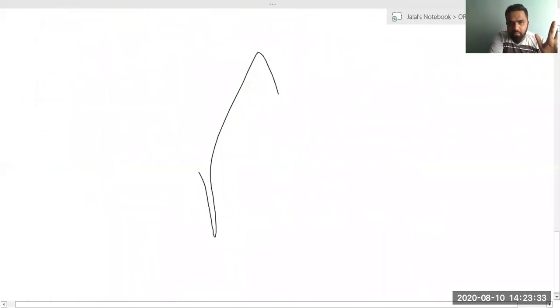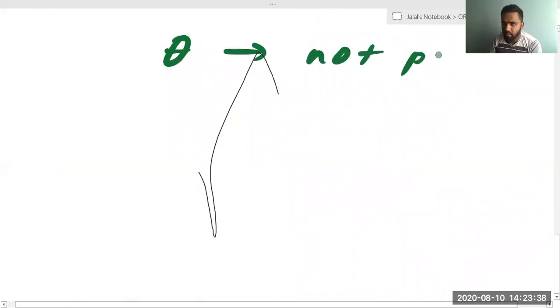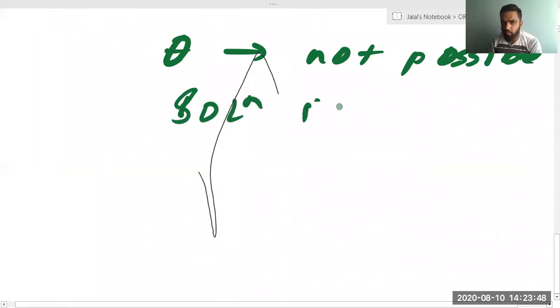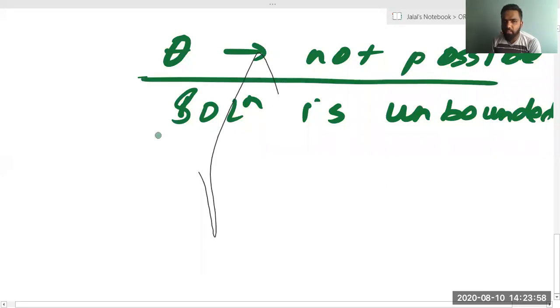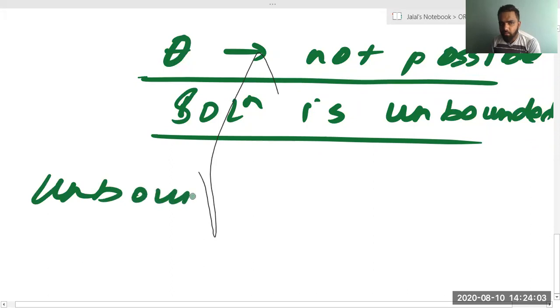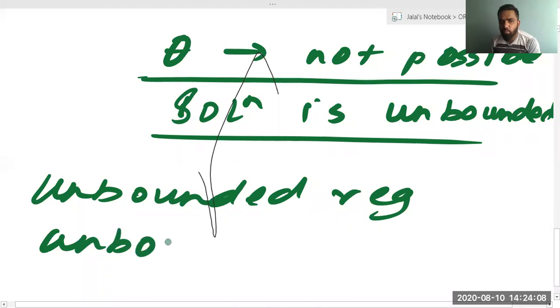When theta is not possible in simplex, you are very sure that the solution is unbounded. We can directly say that the solution is unbounded. But what we try to find from this graphical method is that there are two kinds of things: one is unbounded region, and the second is unbounded solution or bounded solution.